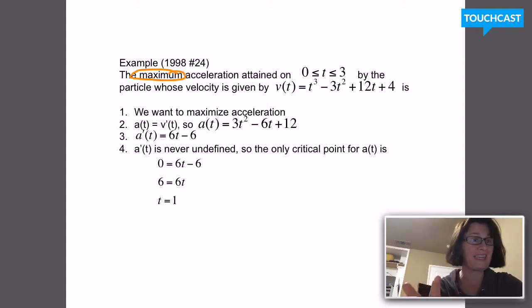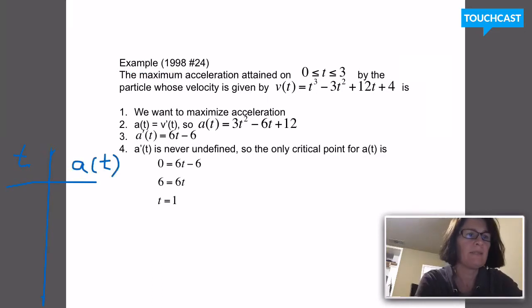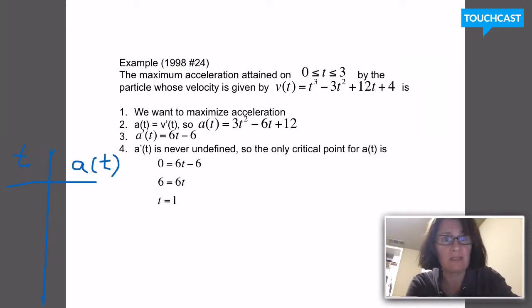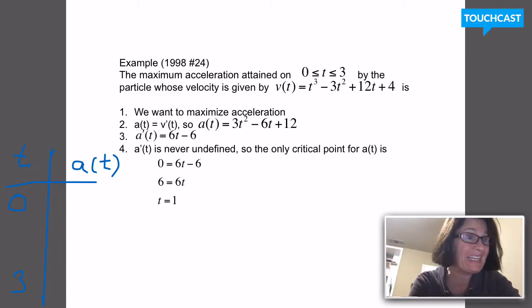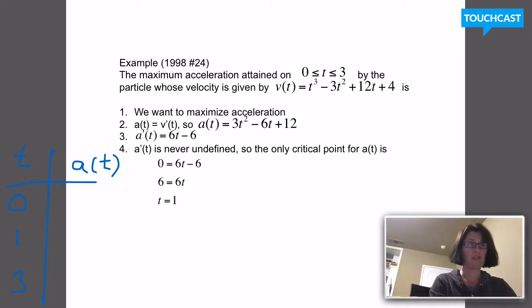I am ready to make my table of values. So here I go. Into my table of values goes any endpoint. I was given endpoints of time 0 and time 3, and any critical points. I only found one critical point, so he's going to go in my table. Time equals 1. My next step is to actually evaluate values of the acceleration function.